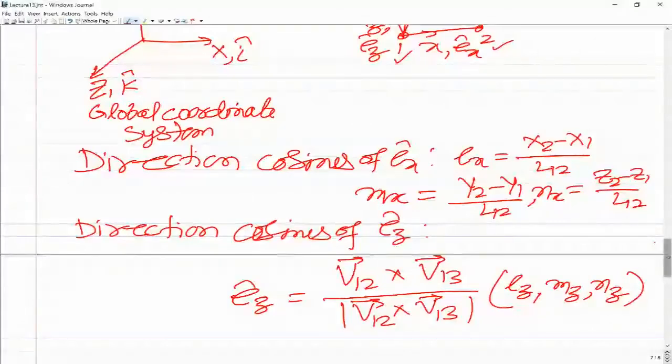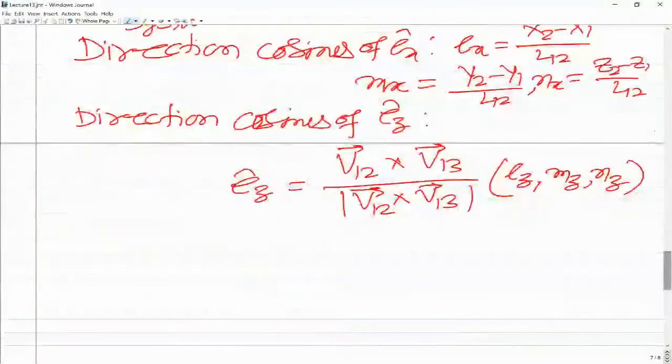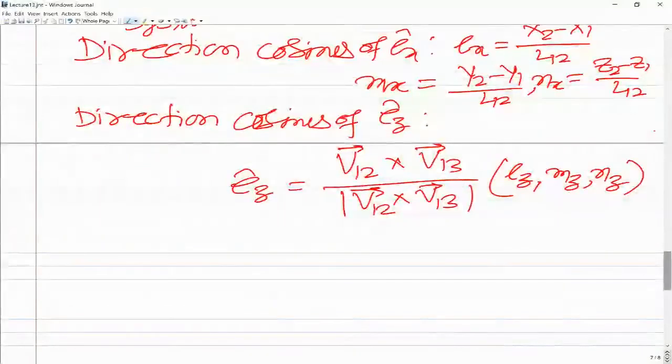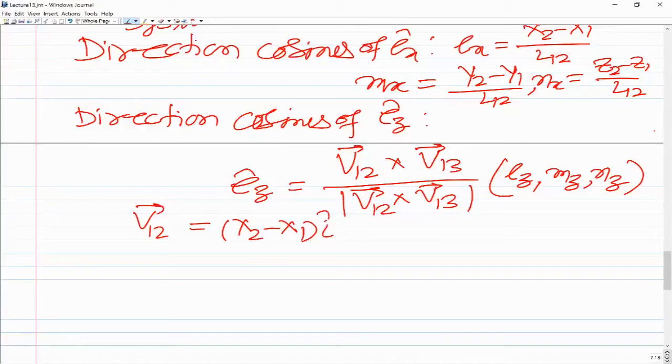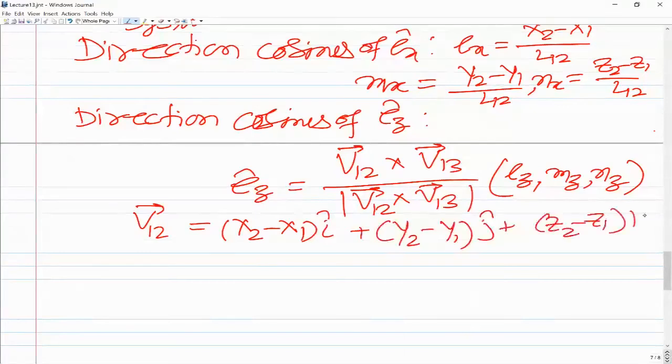Once we have defined the unit vector along the local element x axis and the unit vector along the local element z axis, we can define the unit vector along the local y coordinate. Before that, let me define these vectors, say v12. The vector v12 is (x2 minus x1) i cap plus (y2 minus y1) j cap plus (z2 minus z1) k cap.